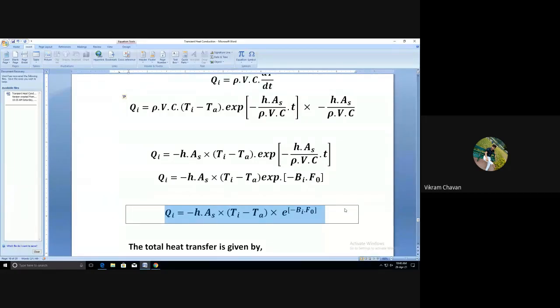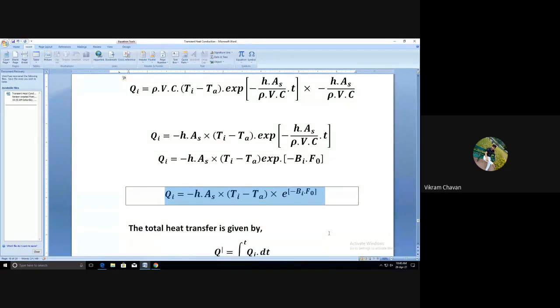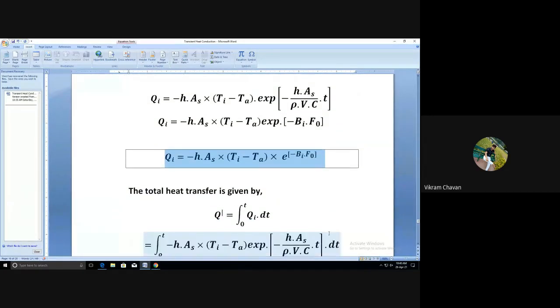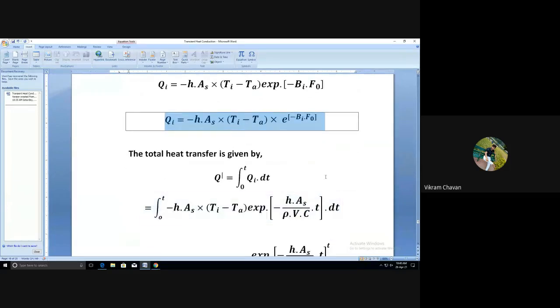In the next lecture, we'll discuss the total heat transfer and the problems on that. Total heat transfer is the integration of instantaneous heat transfer over the total time period, with limits 0 to t.